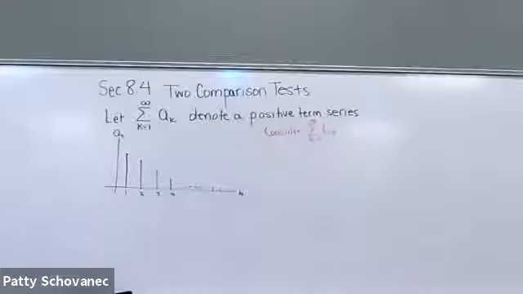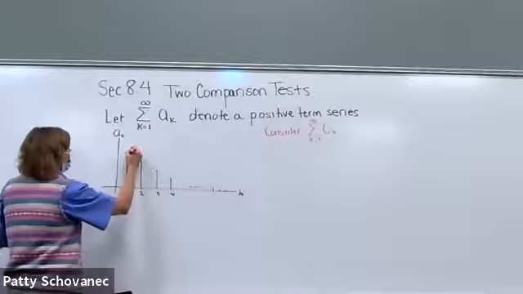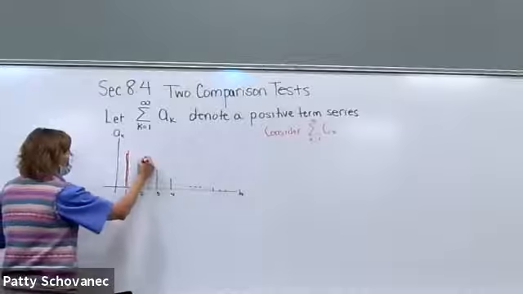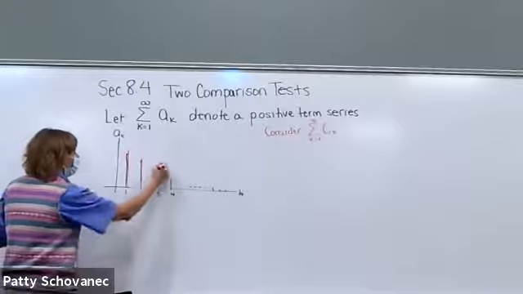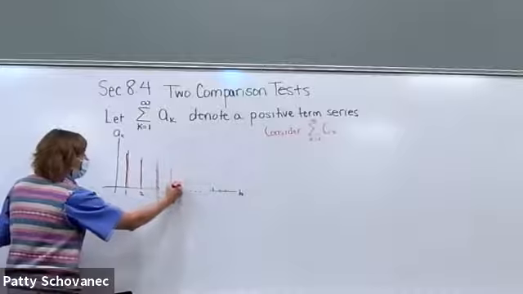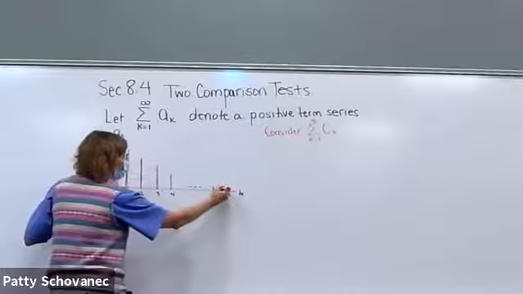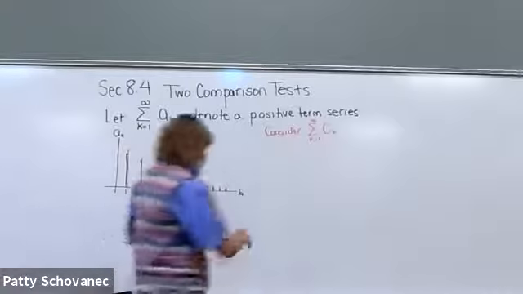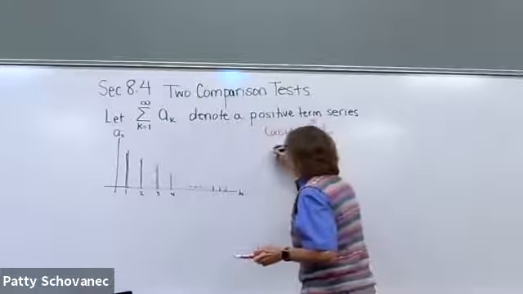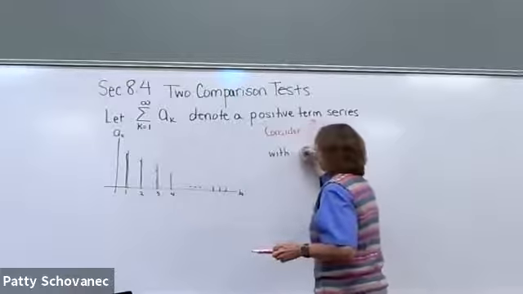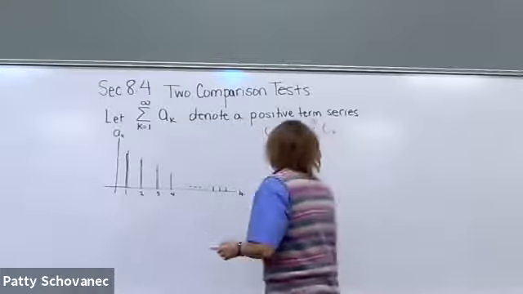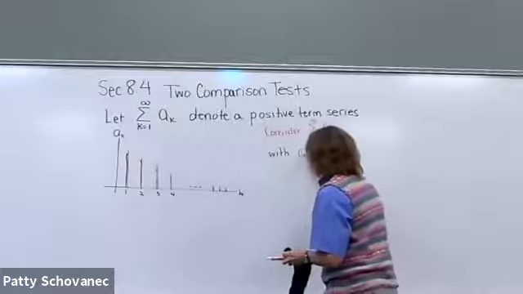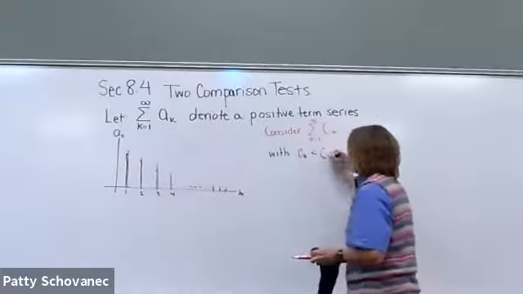And let's make all of my c_k's mimic the black lines there, but just a little bit taller. So all of my c_k values for each k are bigger than the a_k values. I'm going to put a_k smaller than c_k.